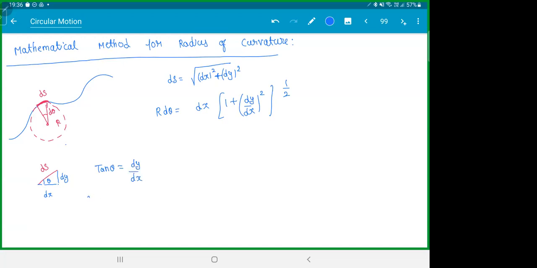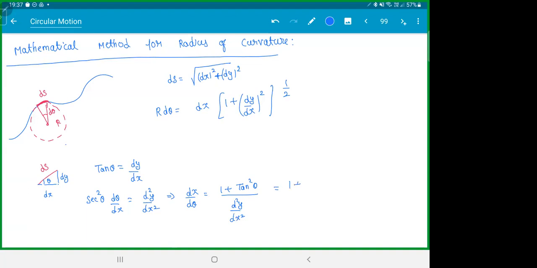Differentiate on both sides. This will be secant square theta d theta by dx will be d square y by dx square, double differential. So from here we can write r is equal to dx by d theta. I'll simplify this only here. So dx by d theta is secant square theta, which is 1 plus tan square theta, by d square y by dx square.